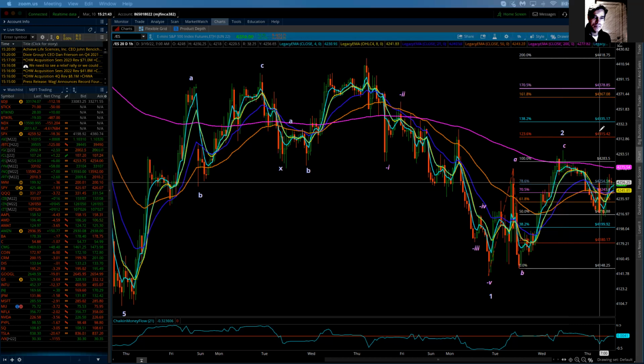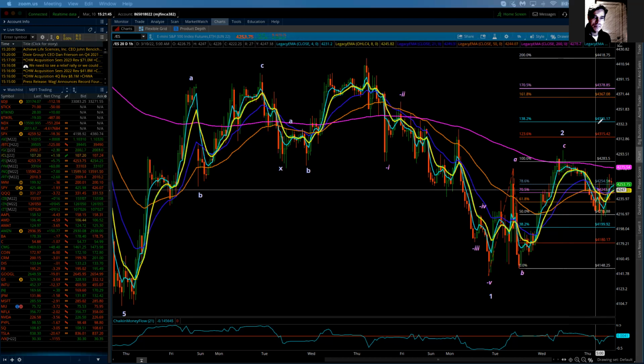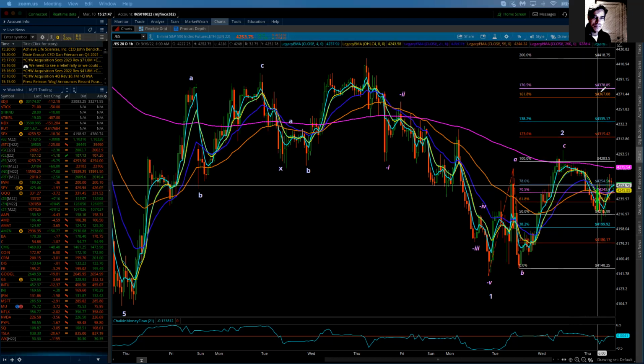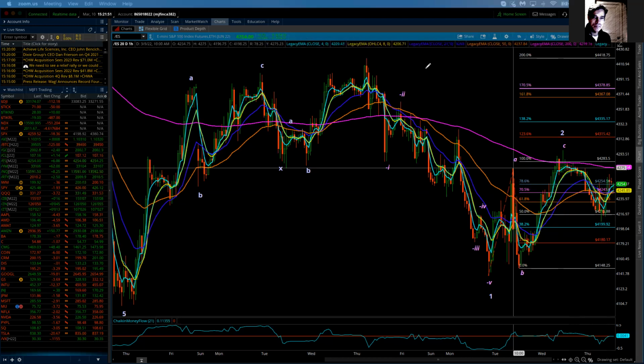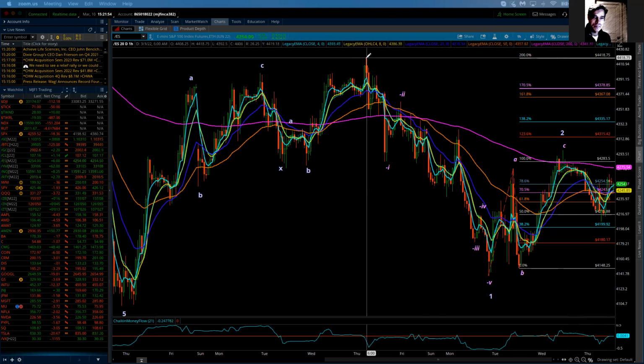We have resistance at 43.15, 43.35, and then the next zone is 43.67 to 43.79. What the market cannot do and still be within a wave 2 is break above 44.19.